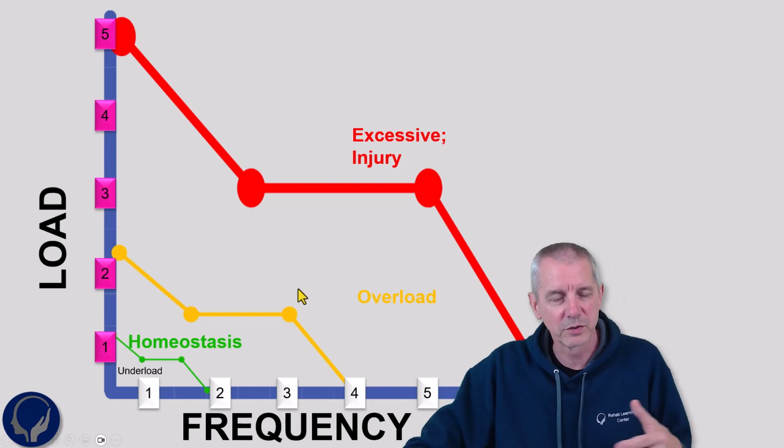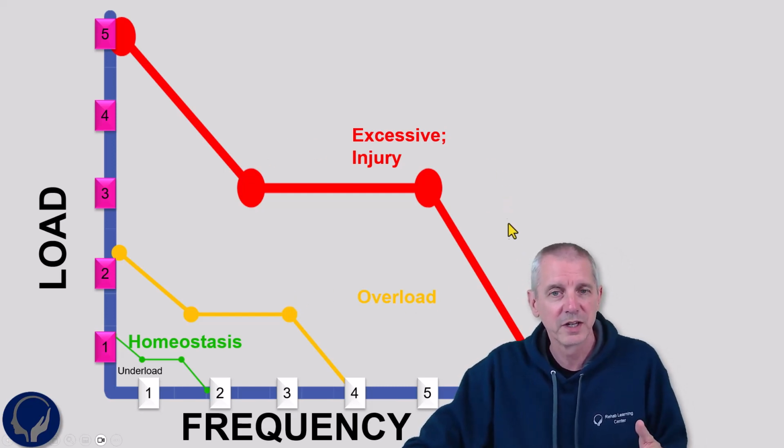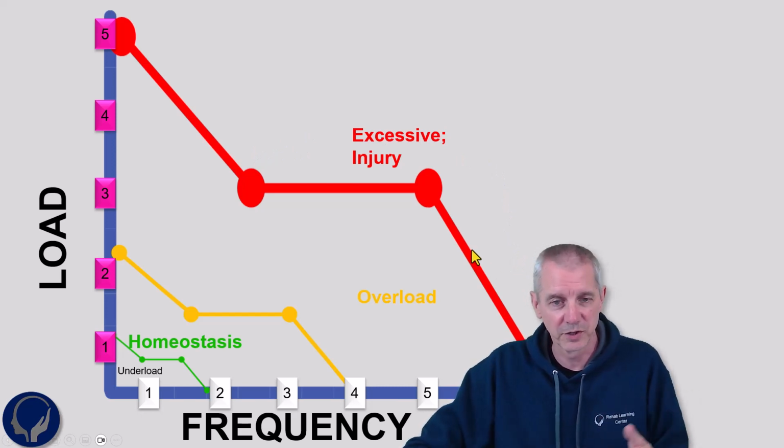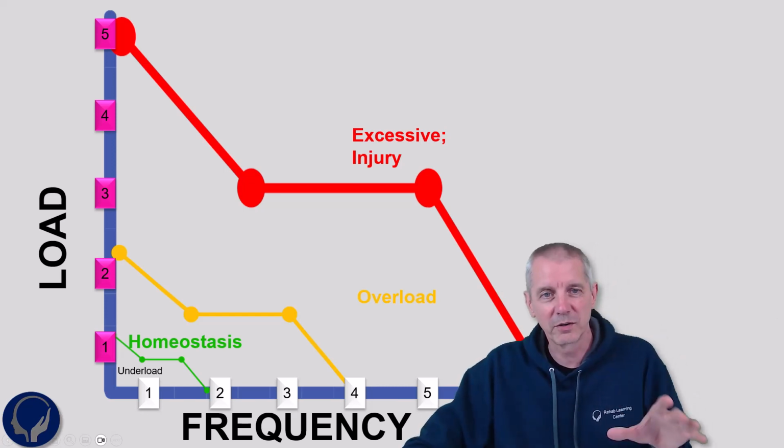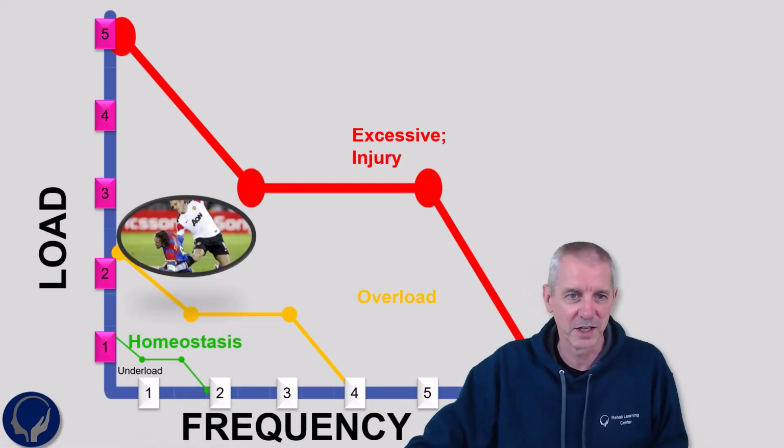So you want to get into the zone of overload, but you don't want it to be excessive and get tissue injury. For example, a 6 and a 2, that combination of frequency and load would get you into excessive, and that's when people get injured and so forth. So this is the overall big construct, and I'll give some examples here.